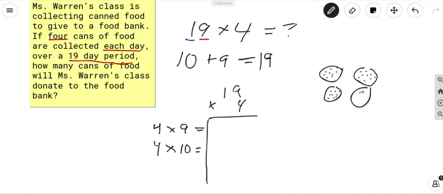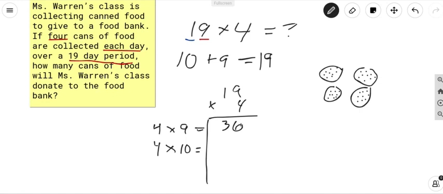That's 9. And that one's 9. So then I can count them up. So we got 9, 10, 11, 12, 13, 14, 15, 16, 17, 18, 19, 20, 21, 22, 23, 24, 25, 26, 27, 28, 29, 30, 31, 32, 33, 34, 35, 36. Oh, okay. So 4 times 9 is 36.